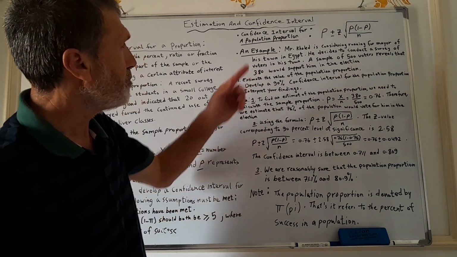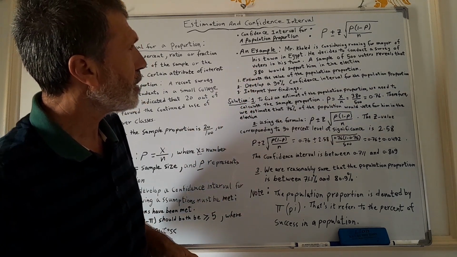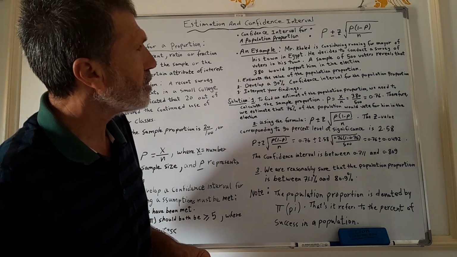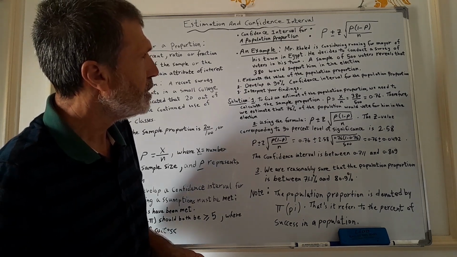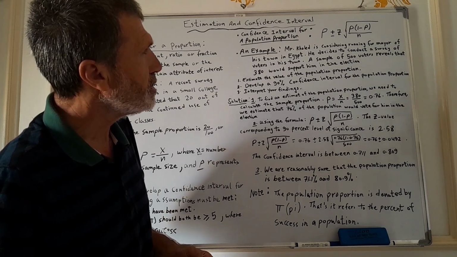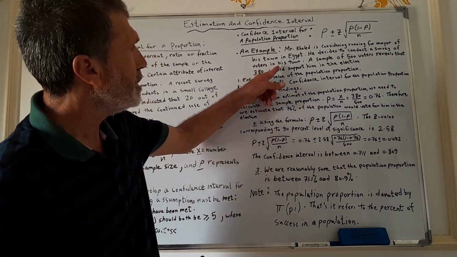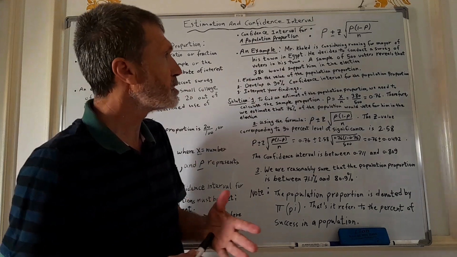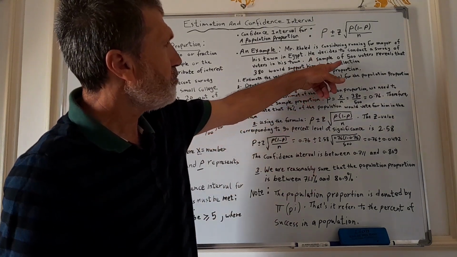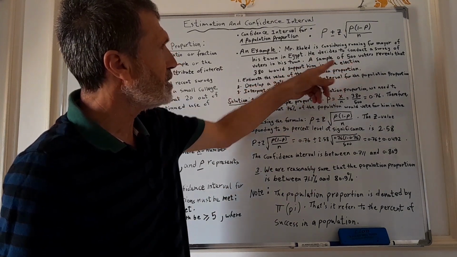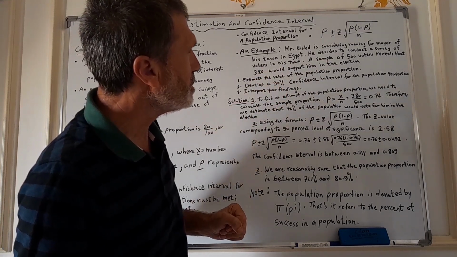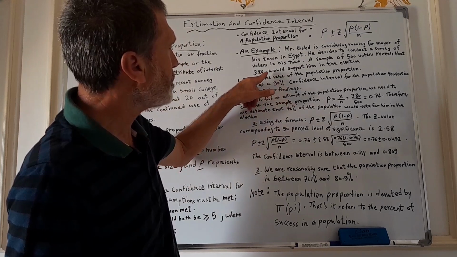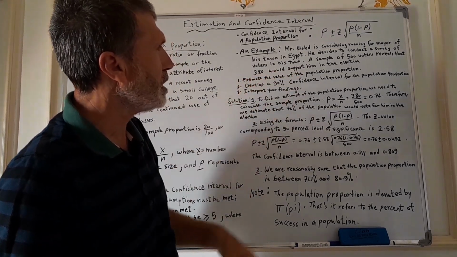This is the example. Mr. Khalid is considering running for mayor of his town in Egypt. He decides to conduct a survey of voters in his town. A sample of 500 voters reveals that 380 would support him in the election.